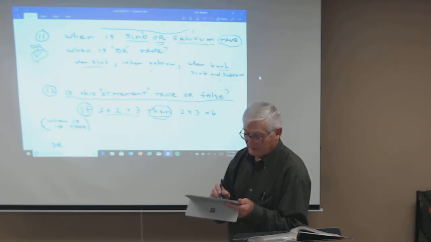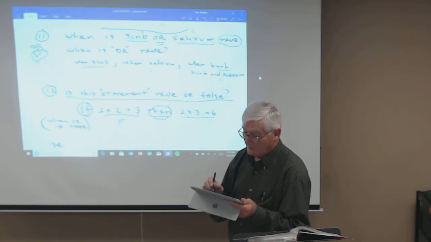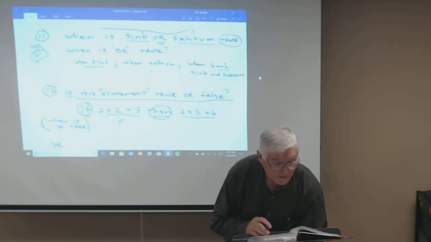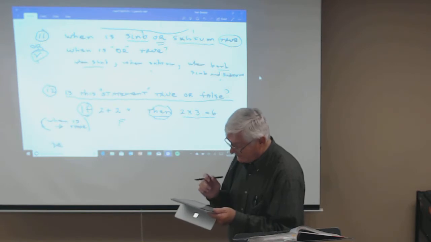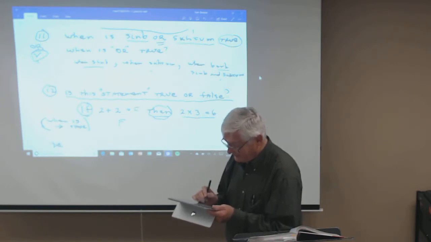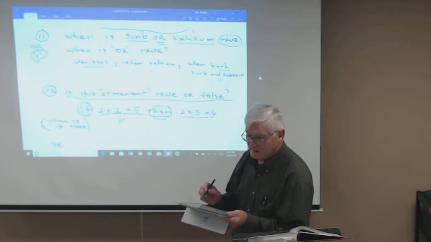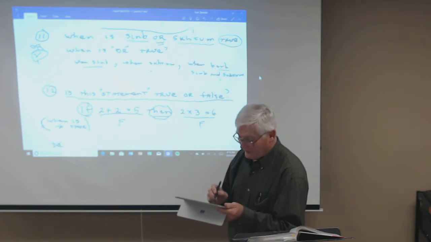So that's false. Is 2 times 3 6? No, you wrote it down wrong. It's different in the book. It says 2 plus 2 is 5? Oh, 2 plus 2 is 5. Is that true? No. Is 2 times 3 6? Yes. That's true. So look at your chart for if-then.